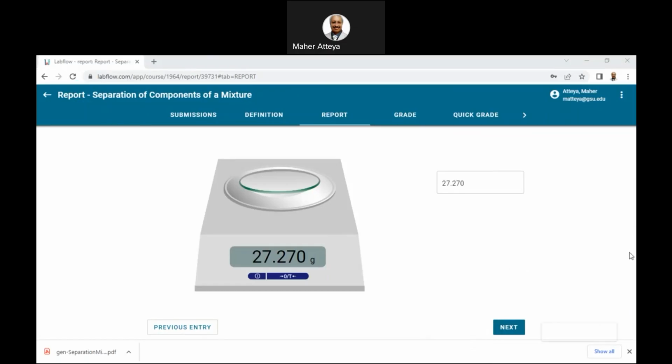Labflow did not mention what this component is, but I will mention it here so you can follow me.